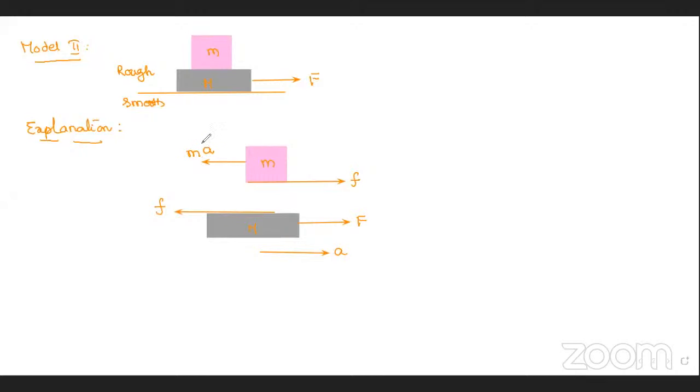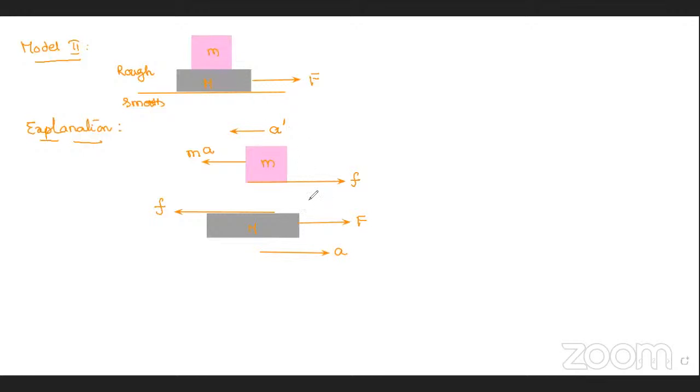Suppose by this pseudo acceleration the block tries to move back with some acceleration A dash, or A2. If I take the lower one as A1 and then this as A2.